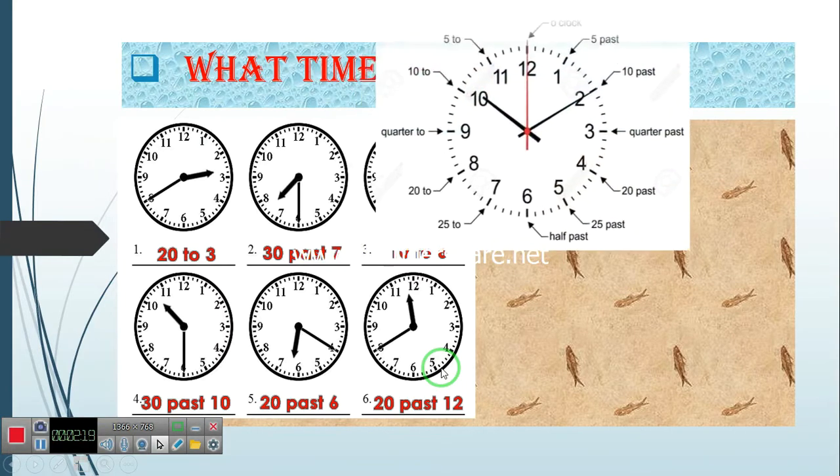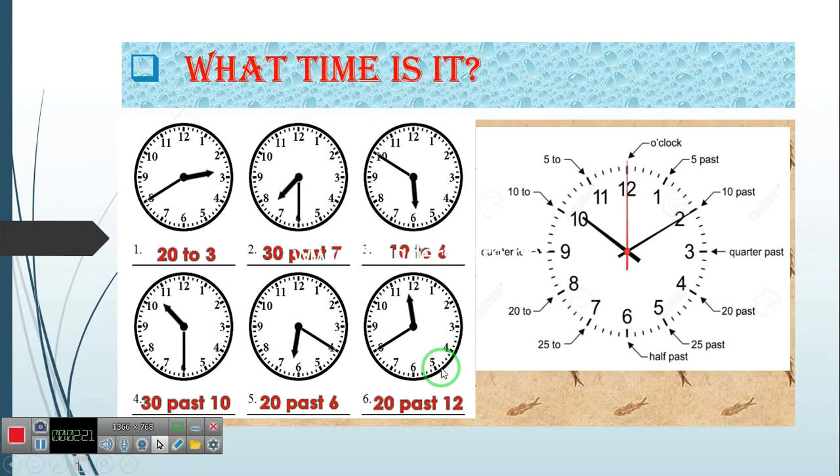So when do we say to, and when do we say past? Take a look at this one. We already learned this in the lower grade, so I won't talk much about it. When you say past, the minutes are less than or equal to 30.